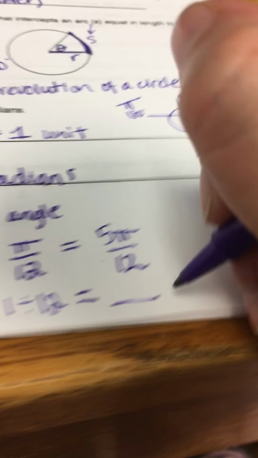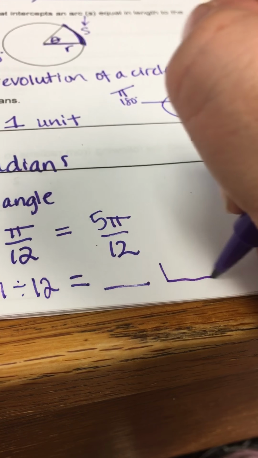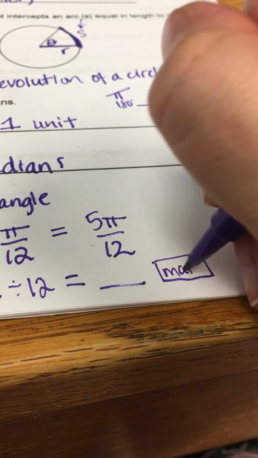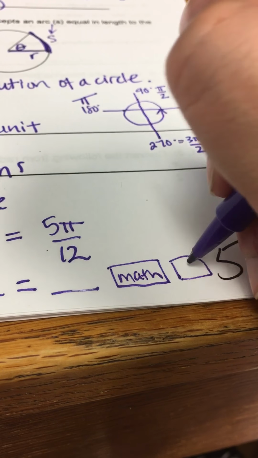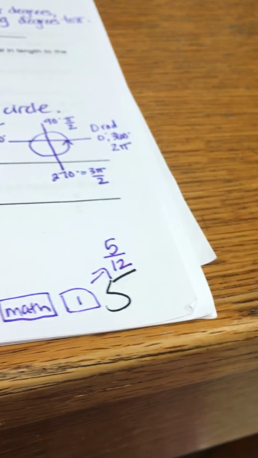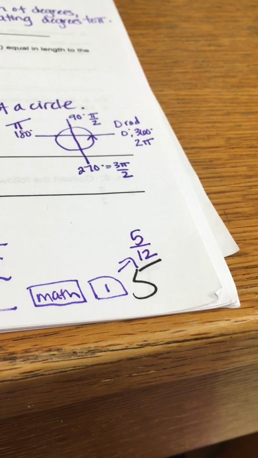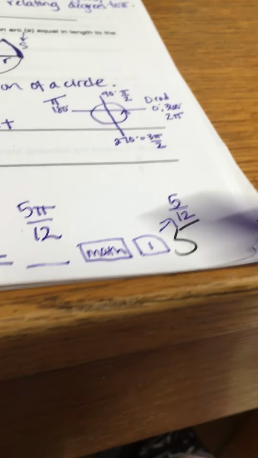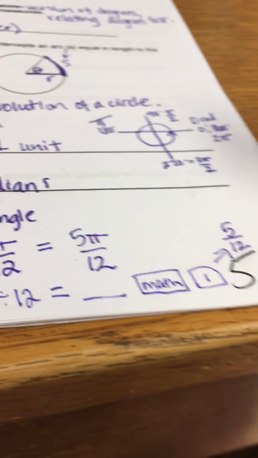Hit enter, and you're going to get some decimal. Then you want to hit math 1, it'll give you the fraction, and it'll give you 5 over 12. Or you can also do alpha y equals, and that will be the fraction button you can use. So just add pi into your answer.